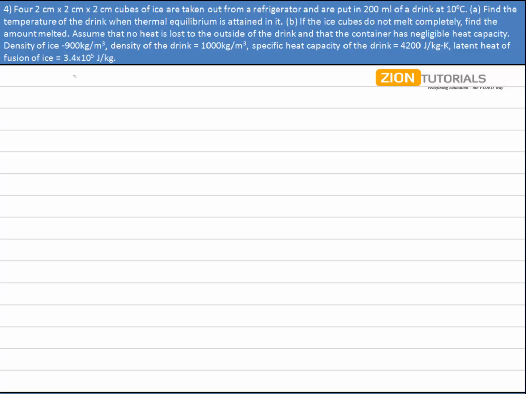Fine. So first of all, we do have 4 cubes of ice. So volume of each cube is clearly 2 cross 2 cross 2 centimeter cube, that is 8 centimeter cube. So total mass of ice can be written as density into volume into 4, because there are 4 cubes.